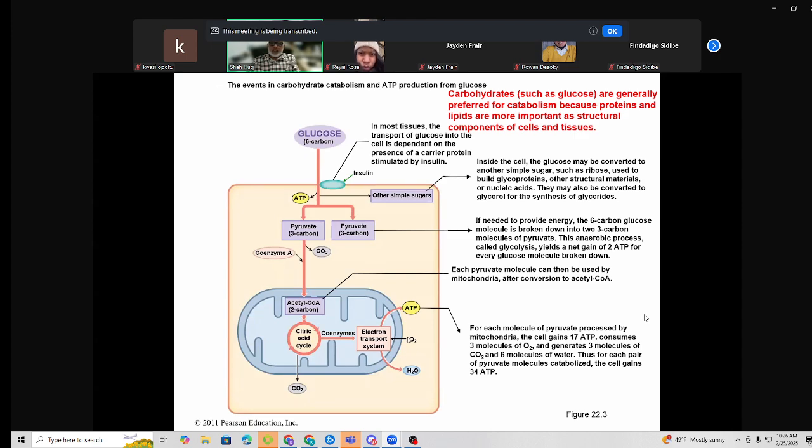So here the sketch is showing. If you have glucose, 6 carbon, it will enter the cell, and this is reaction number 1, called glycolysis.